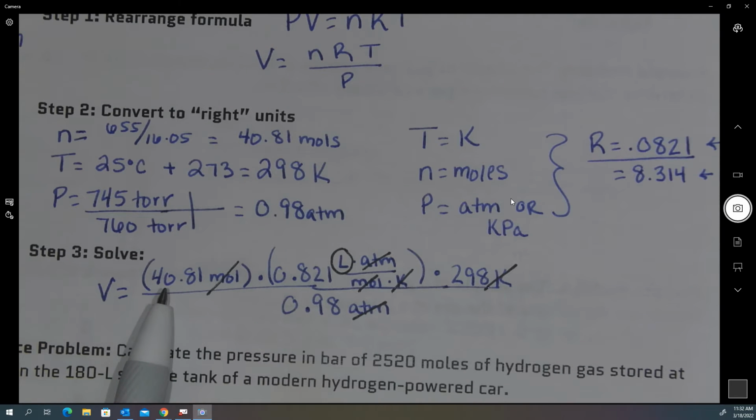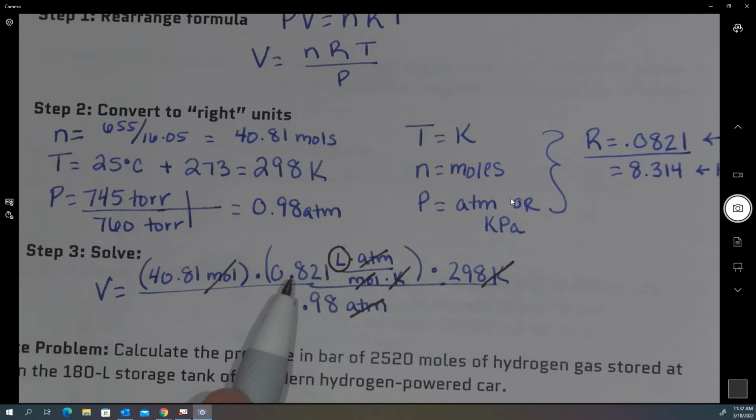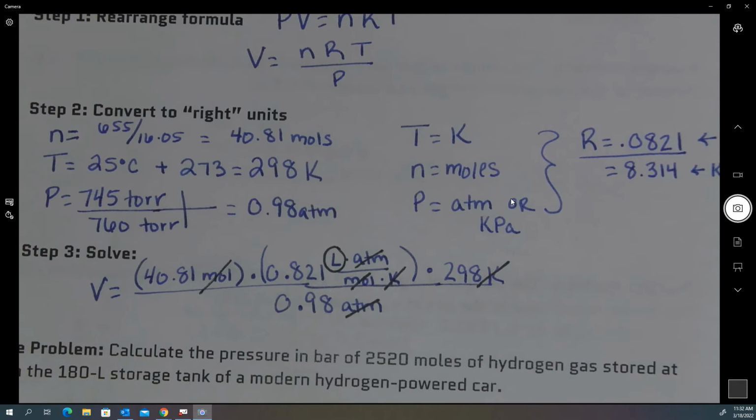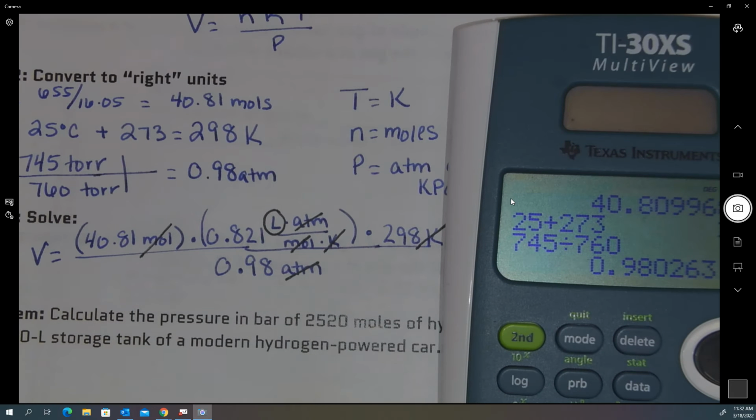So in our calculator, 40.81 times 0.0821 times 298 divided by 0.98 will give us our answer. I'm going to go ahead and start typing that in.